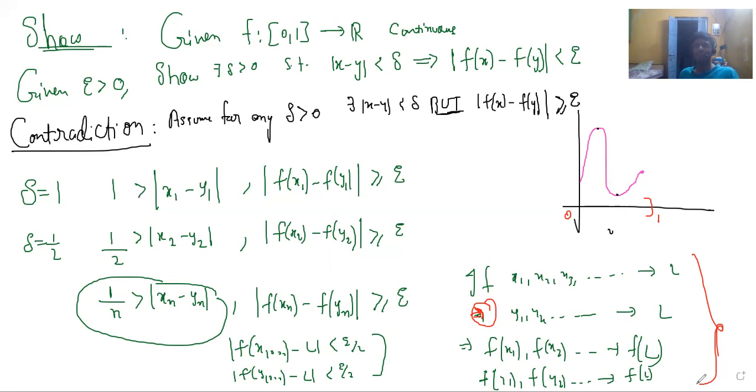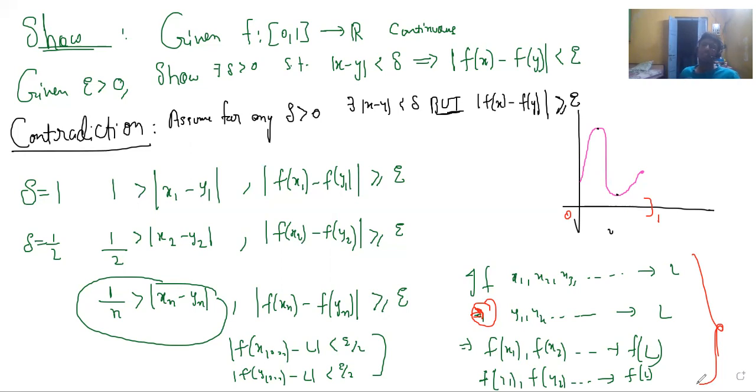Many strange things happen from the fact that it's a closed interval. Closed interval is a very good place. So you have to show that the xi's are convergent to a limit. That would be good.